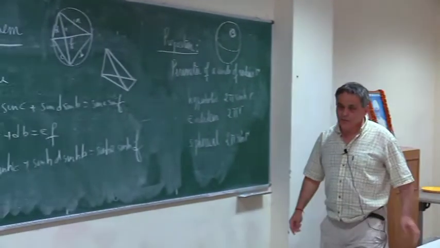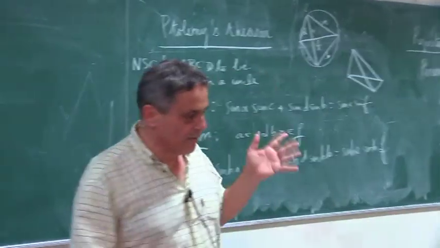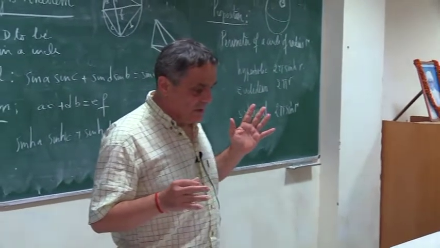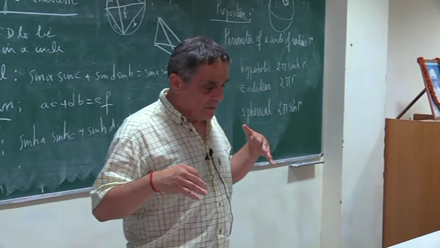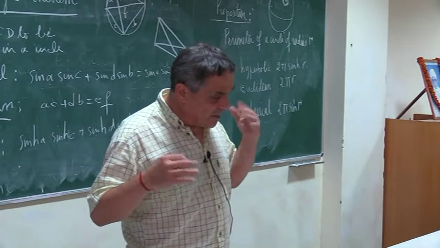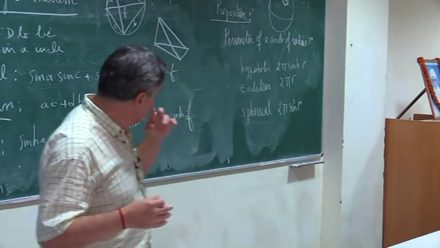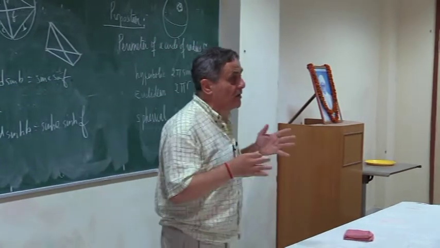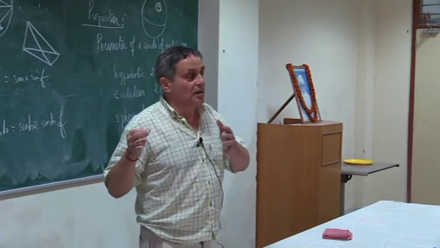Now, I told you that Euler worked a lot on spherical geometry, so he has 2 kinds of papers. One kind is on trigonometry, deriving the trigonometric formulas for the sphere. He has maybe 2 or 3 papers on trigonometry, and maybe 12 or 15 papers on spherical geometry. In the other papers, he systematically takes a well-known theorem in Euclidean geometry, and he proves the analog in spherical geometry.